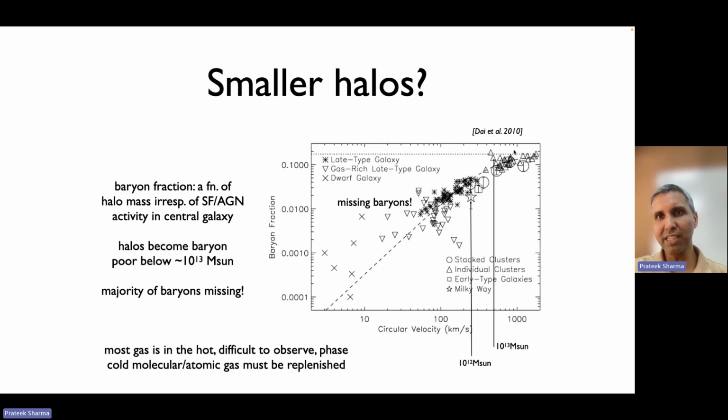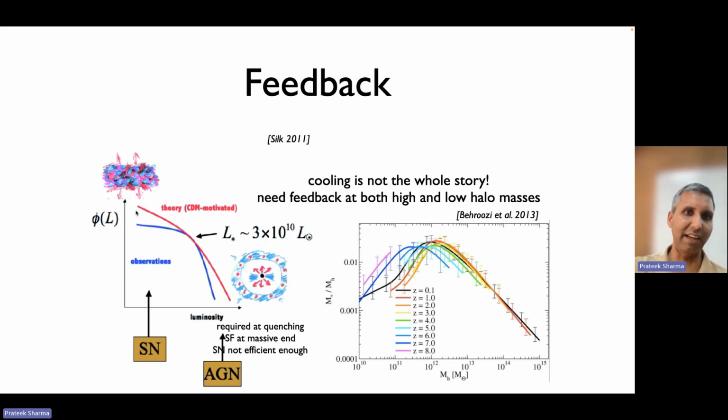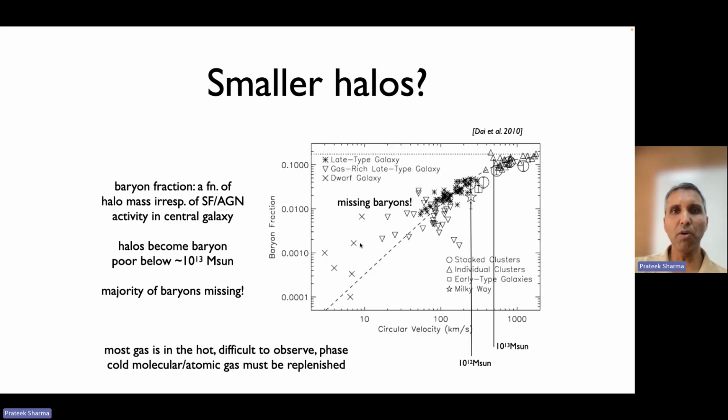So this is where the halos were baryonically closed. The previous figure was in this regime that I was showing. Now, if you go to lower and lower masses, you see that the baryonic fraction becomes smaller and smaller. This is basically looking at this end here. So most of the baryons are actually missing.